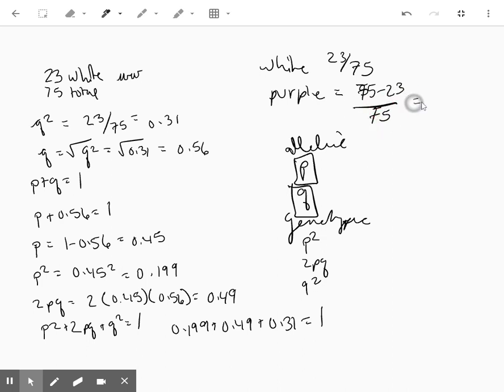And that's equal to 52 divided by 75, which is equal to 0.69. Okay, so that's the first part of this problem.